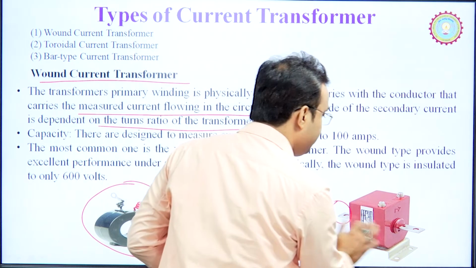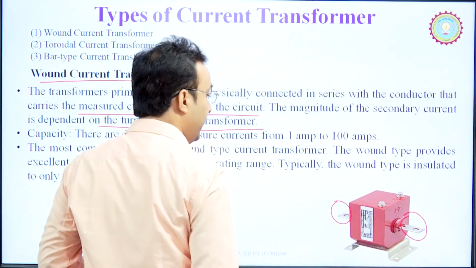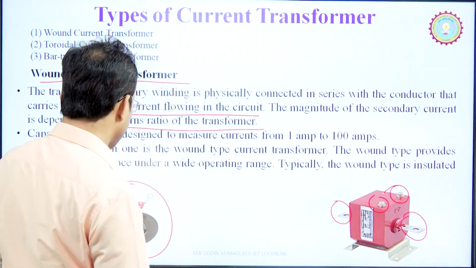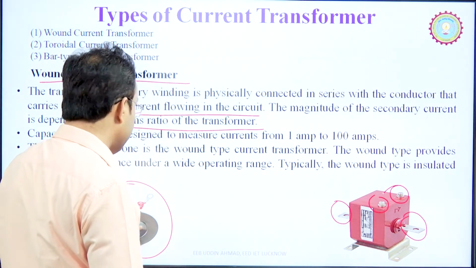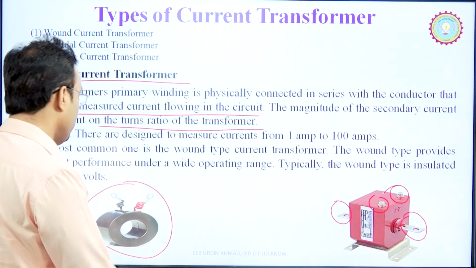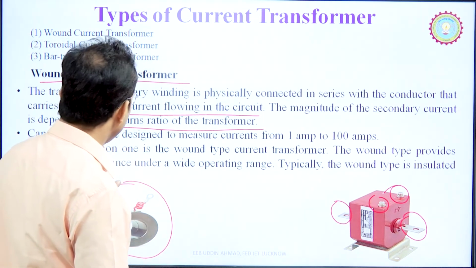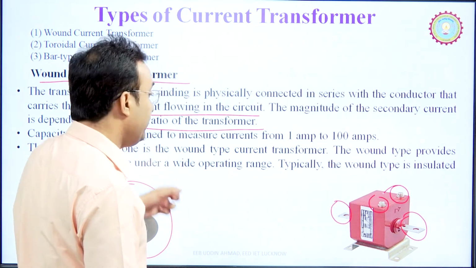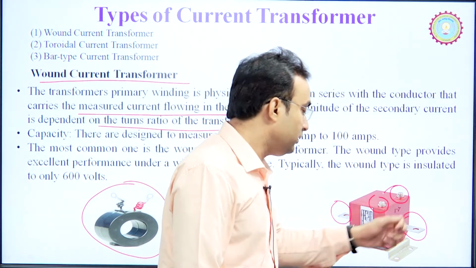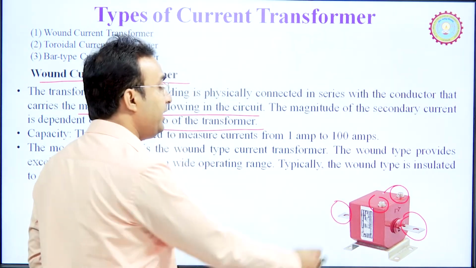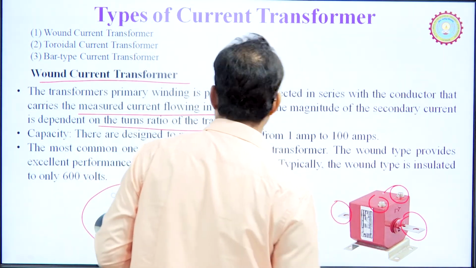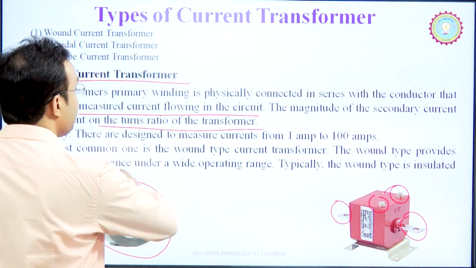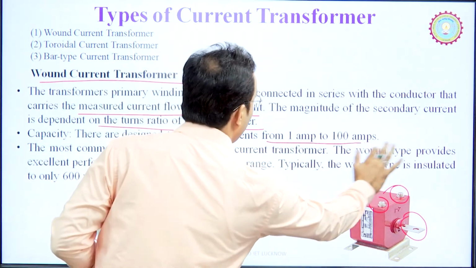This is the primary and this is the secondary. It also has secondary terminals which are not shown in this figure. You can connect the primary in series with the line section, so that the secondary will give you the value of the current. They are designed to measure current from 1 ampere to 100 ampere.